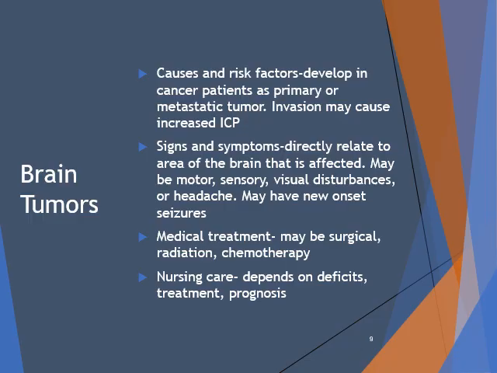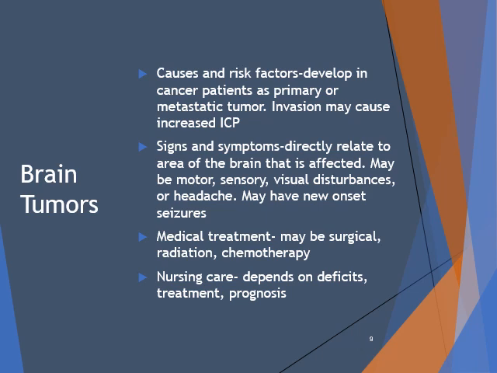Okay, so now we'll talk about brain tumors. The cause and risk factors, developing in cancer patients as a primary or a metastatic tumor. Invasion can cause increased intracranial pressure. There's no room in the brain for anything. So if a tumor comes in, it's going to increase intracranial pressure.